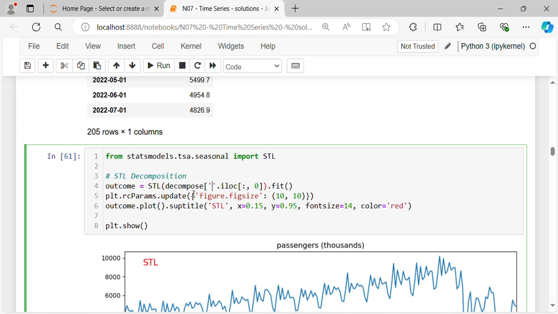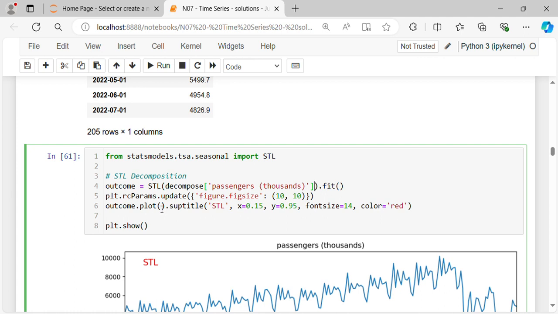So instead of .iloc[:, 0], we can put the exact column name, passengers in thousands, and .fit().